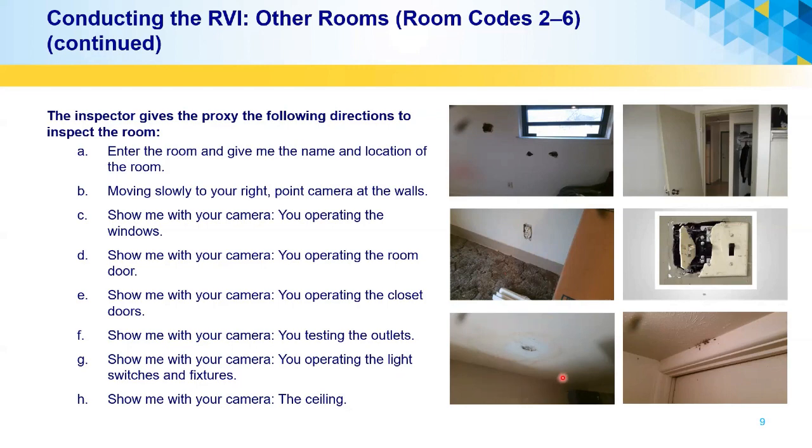If we go to the top right, we've got a bedroom door that is missing from the jamb. The next one down is a broken light switch cover with exposed wires. And below that, at the top of that slide, you can see we've got roaches infesting the room.